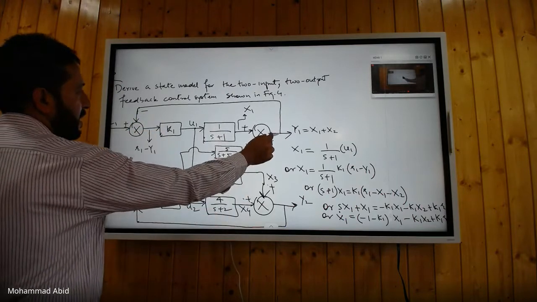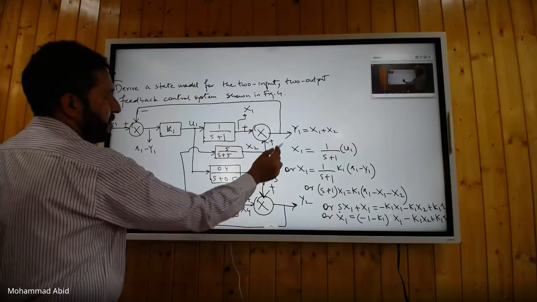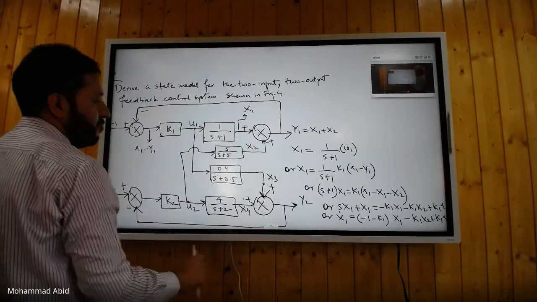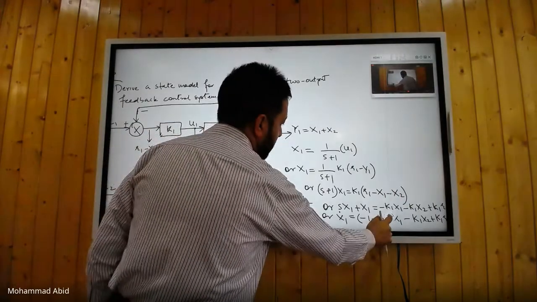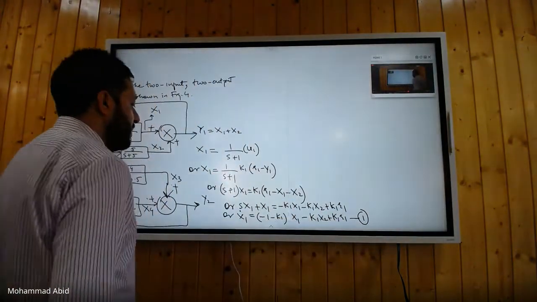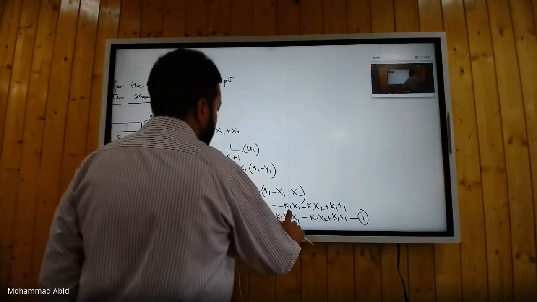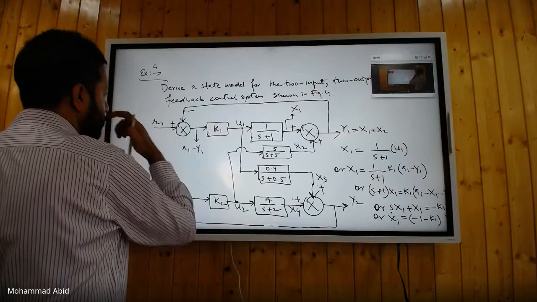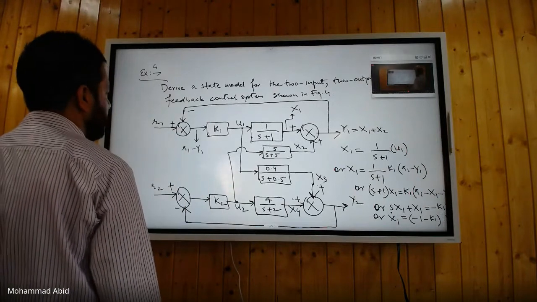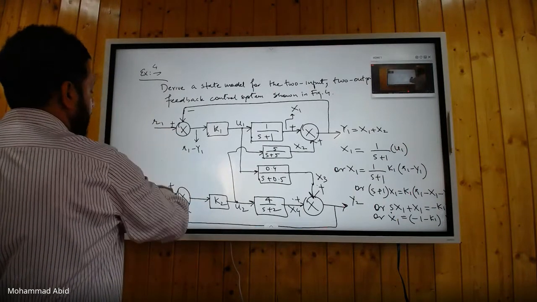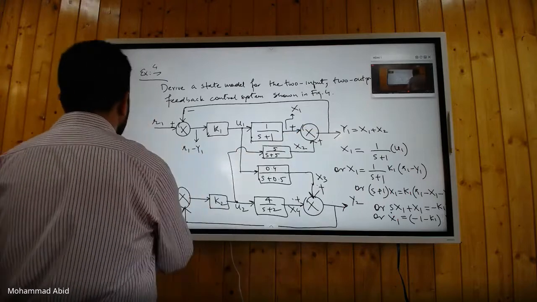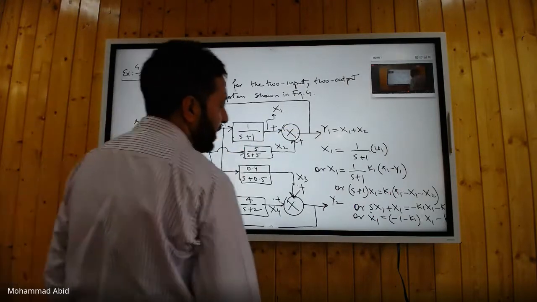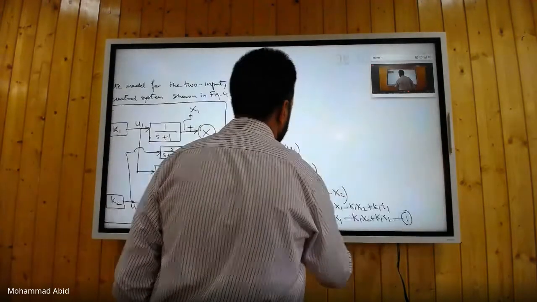As you can see here, Y1 is equal to X1 plus X2. So this Y1 I have substituted here, and I have finally got the equation for X1 dot. You can note it down here. Please note it down here that the input here is R1 and not U as you used to have in previous cases. यहाँ पे inputs दो हैं, R1 और R2, और outputs Y1 और Y2 हैं. Is that clear? Yes, sir.